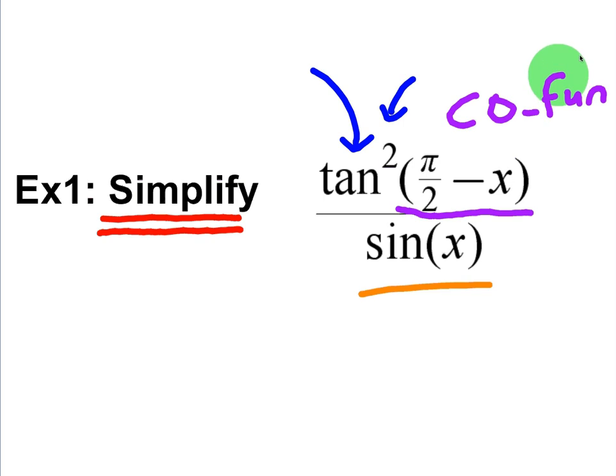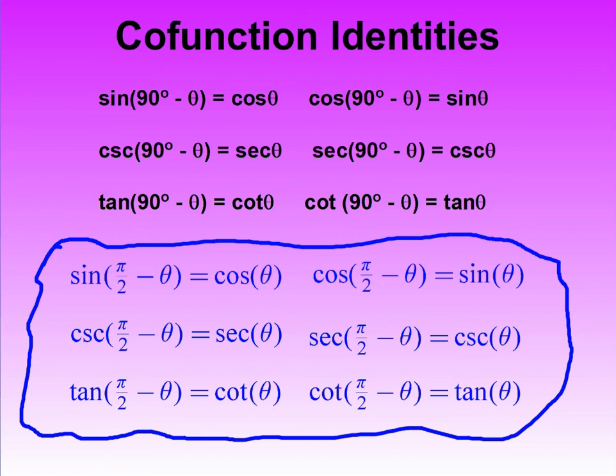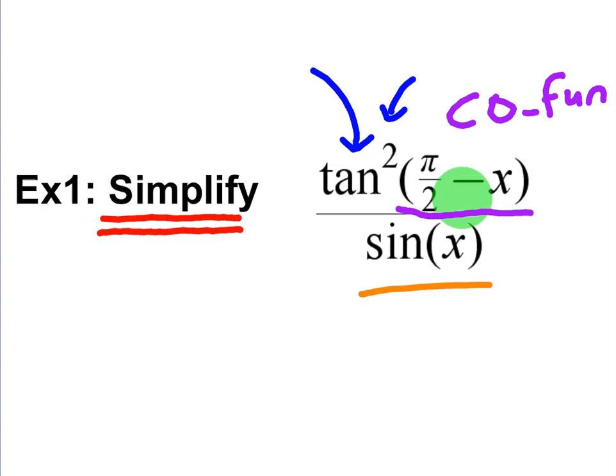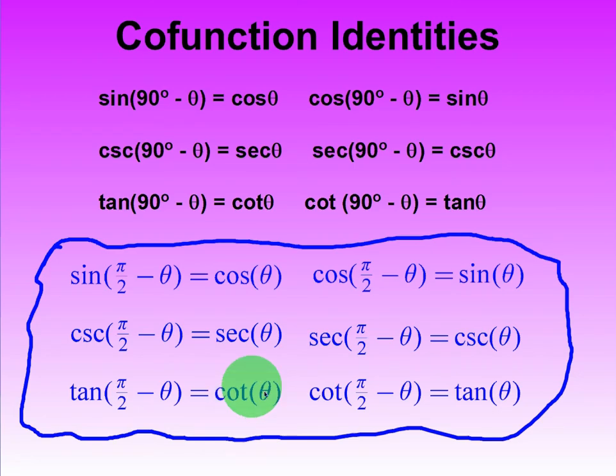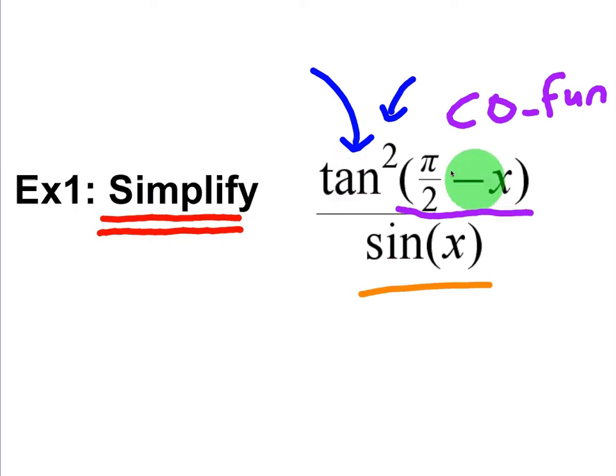If you remember when we learned this identity, tangent pairs with cotangent. That's easy to remember. So the tangent of pi over 2 minus x is the same as cotangent. As complicated as this looks, all you have to do is change this to cotangent of x.